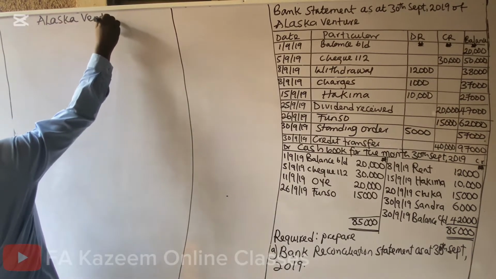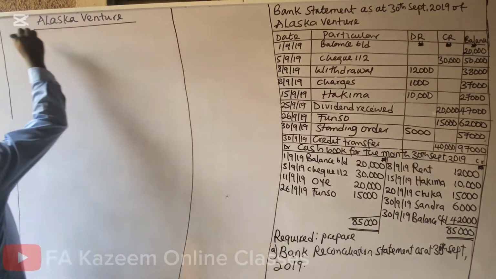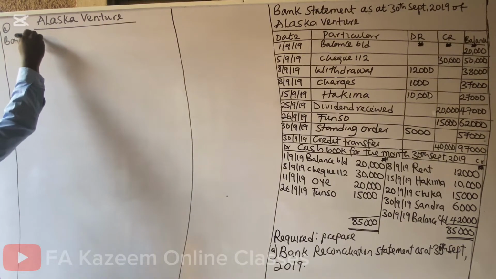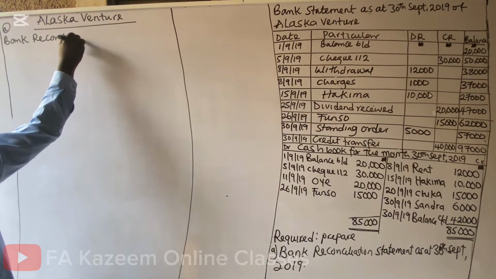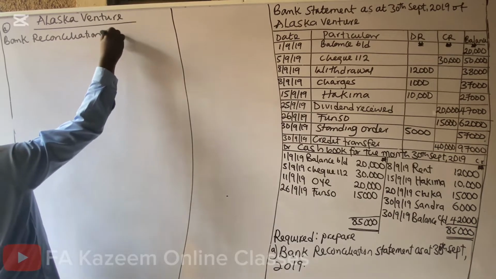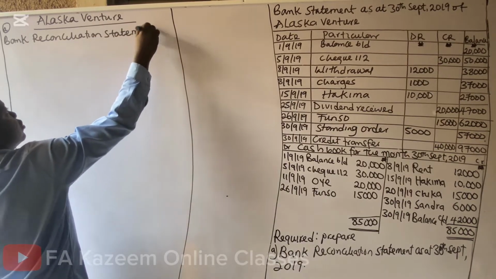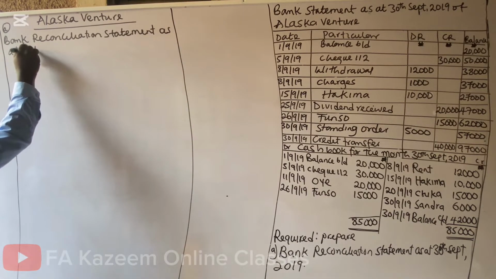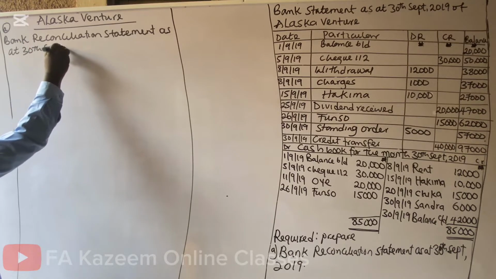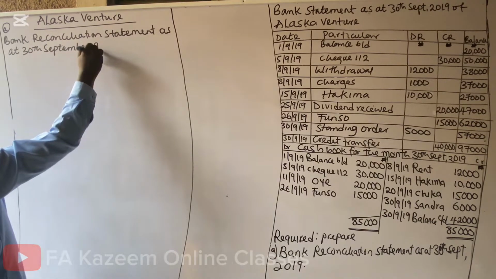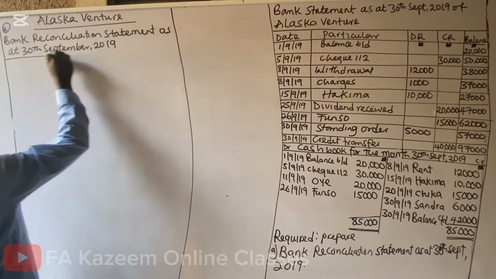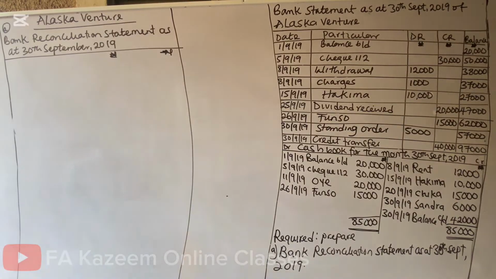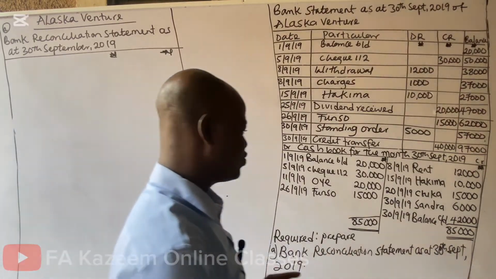The only requirement using the direct method is to prepare bank reconciliation statement as at 30th September 2019.